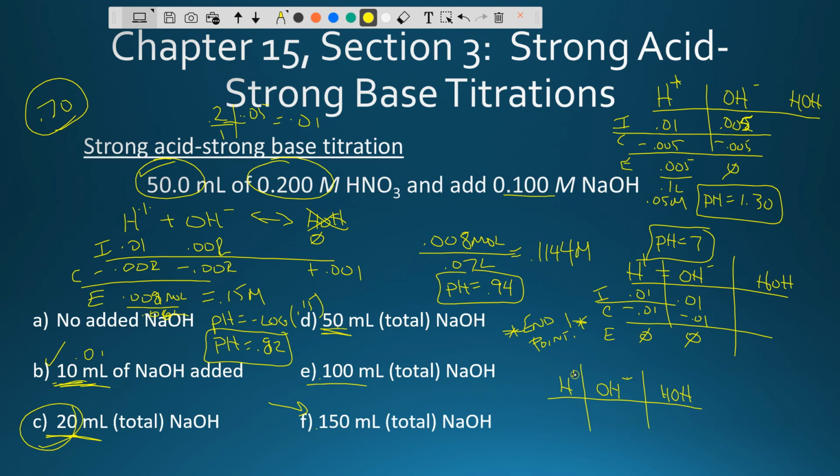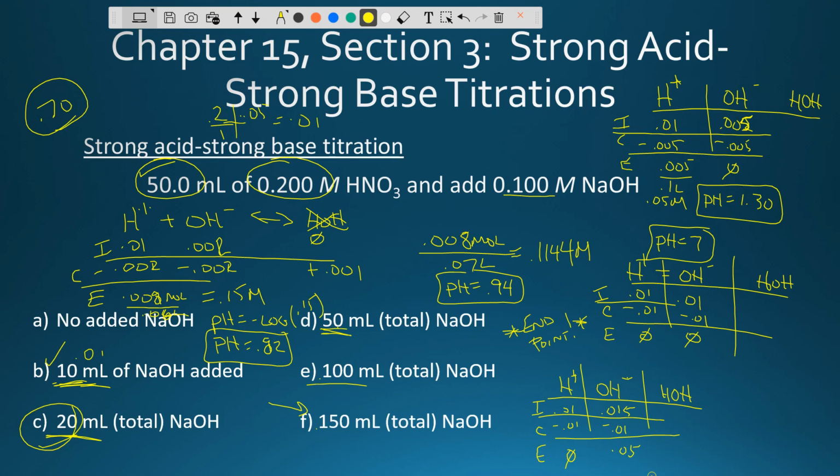Okay, and so I started with a 0.01 here. 0.150 times 0.1 gives me a 0.015. And notice now I'm going to have more hydroxides than I have hydrogens. So now it's the hydrogen that's going to be eating up my hydroxides. Okay, so it flipped, didn't it? I saw that I had more hydroxides, so at equilibrium my hydrogens are gone, and I end up with 0.05 moles of hydroxides left.